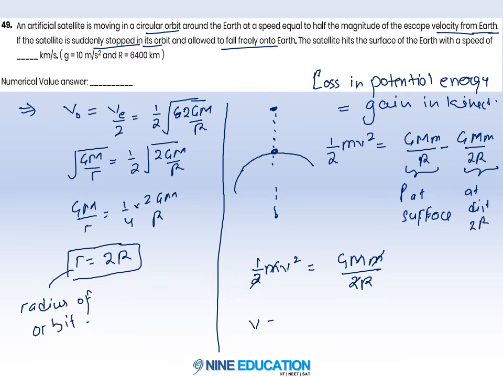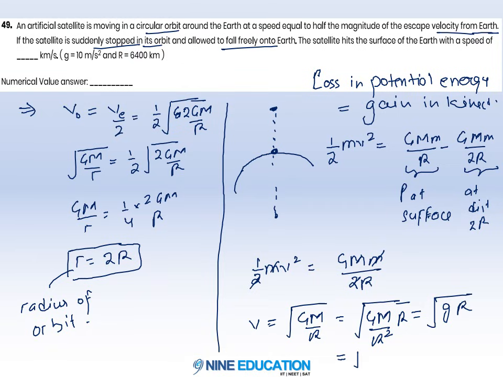From here we get v equals under root GM by R, and we multiply and divide it with R. So this is GM by R square into R. So what we have to use is 9 into 10 into the radius of Earth, which we have to put in meters, 10 power 3 meter.